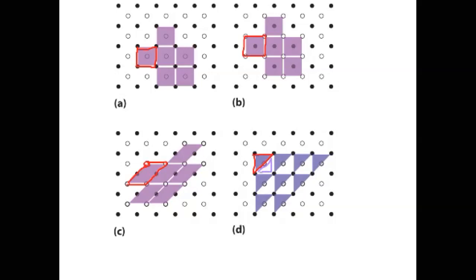Our unit cell is missing this blue region right here. So this one would not be a valid unit cell because it doesn't include all the unique components of the crystal. It's missing the other half of that unique component. And so D is the one that is not a unit cell.